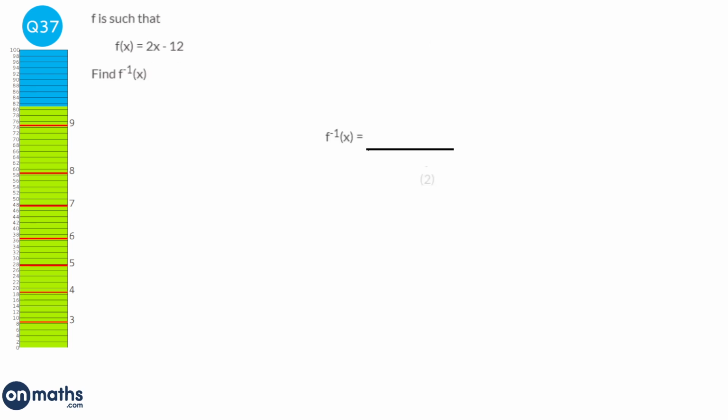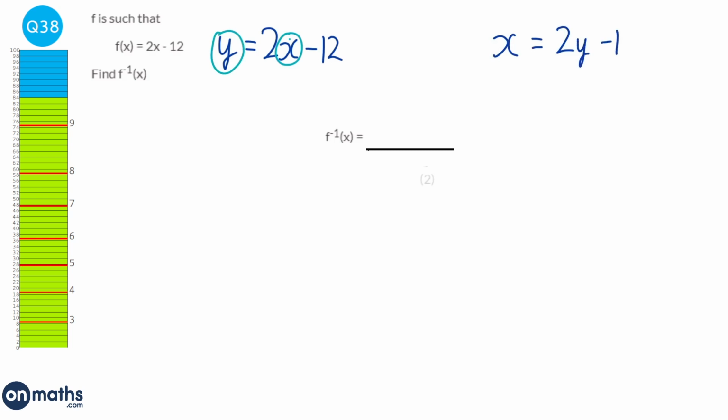To be able to find the inverse function of f of x, which is what this -1 here means, we're going to start off by just replacing the f of x with a y. And to find the inverse, all we do is we swap over the x and the y. So I'm going to do it on the right hand side, so we've got a bit of space. So x equals 2y minus 12. And then the task is to get it so that it's y equals.